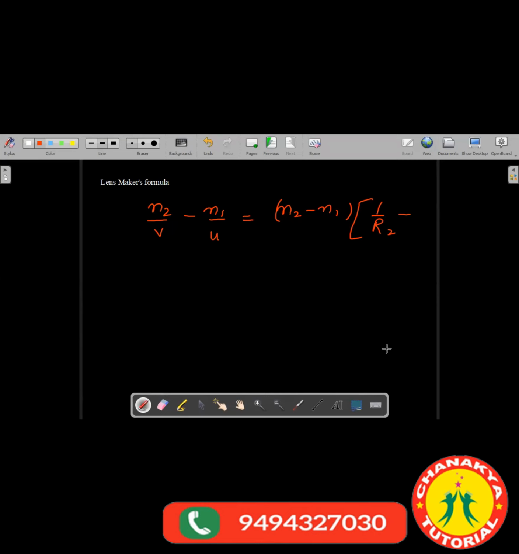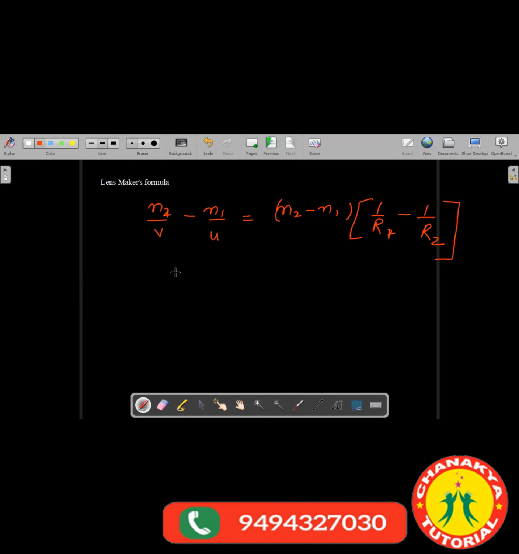And here both of them are the refractive index of medium one.